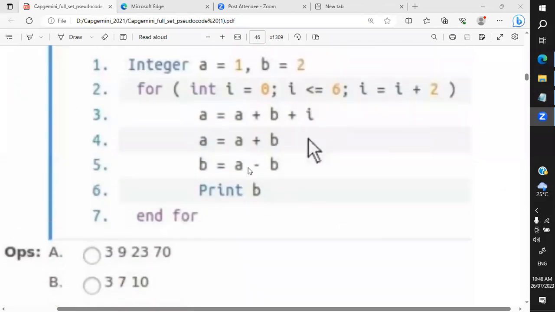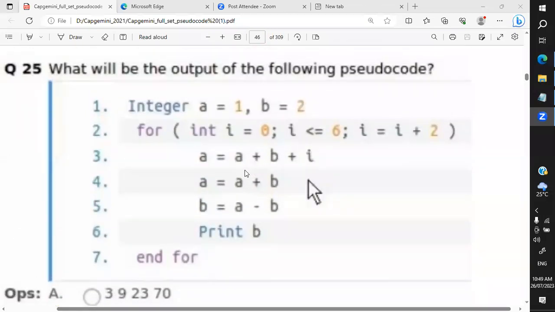This one was done. I think this is not done. Maybe or may not be. Let me know.